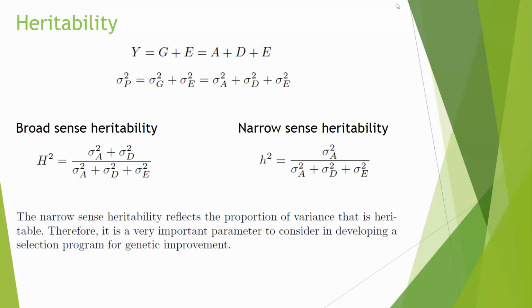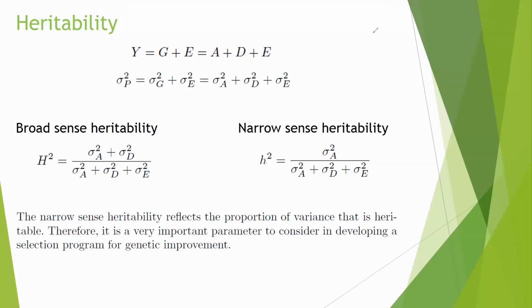All right, because heritability, this is another term we always hear about in genetics and in breeding programs. When you calculate the heritability, we need to calculate the variance due to the different variability sources.